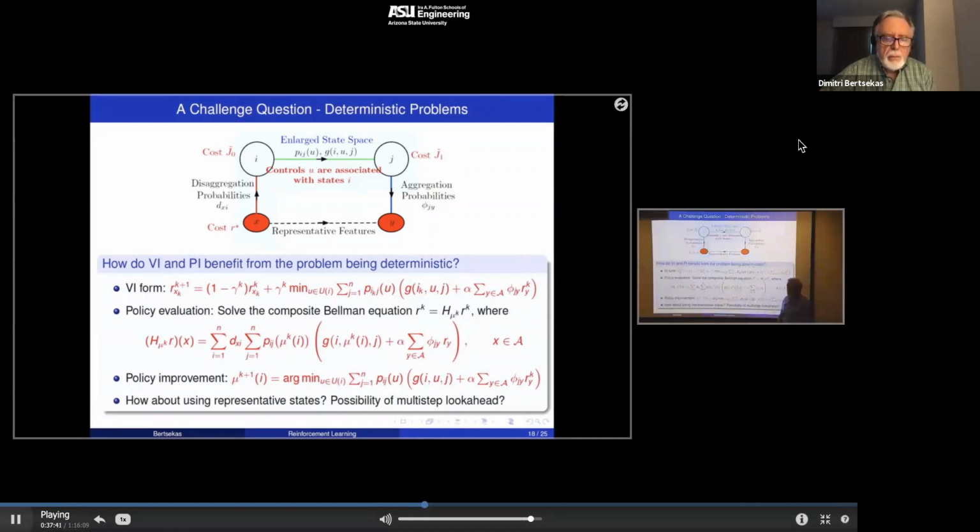What's the benefit of that? And suppose that you want to get even more fancy, and you want to use, instead of one-step look ahead, multi-step look ahead, aiming at better approximation. How can you do this? So the question is, make it as deterministic as you want, and tell me what the potential benefits are going to be. And we'll get back in 5 minutes.